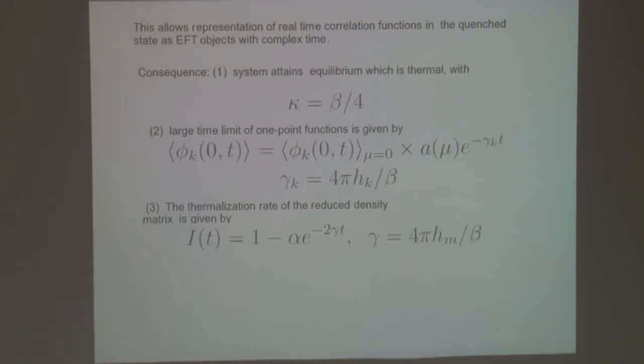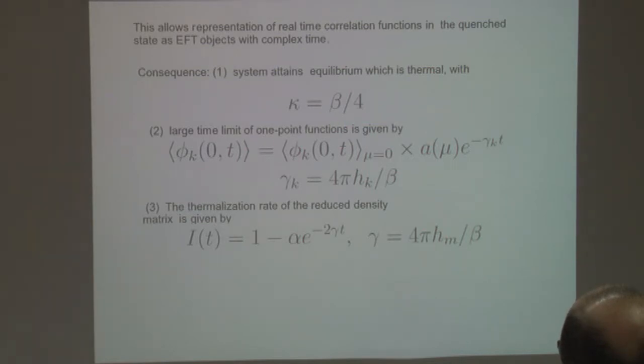Let me just tell you the result: the system attains equilibrium, which is thermal, and the relation between kappa and the temperature of the final equilibrium is given by kappa equal to beta over 4.